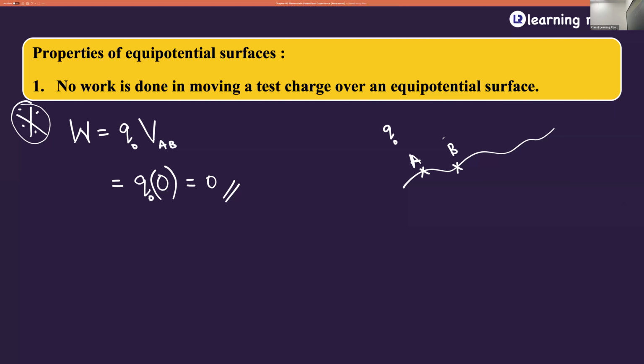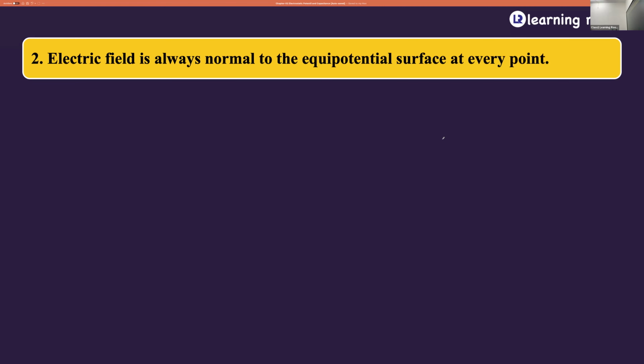Clear with this? Done? Okay. Listen. So the second property is: electric field is always normal to the equipotential surface.